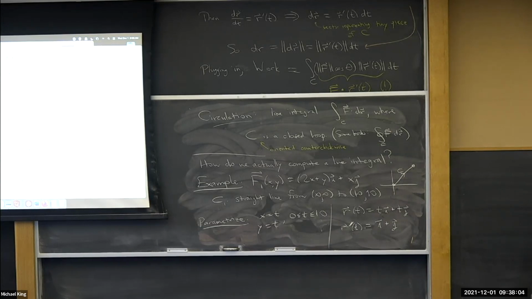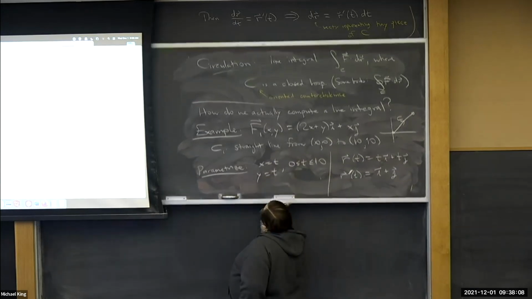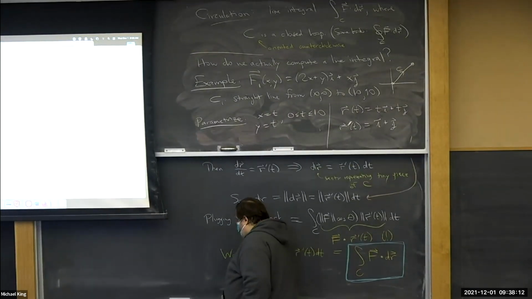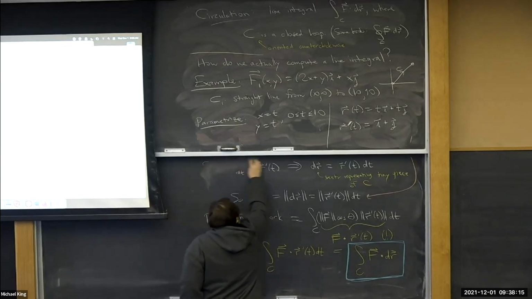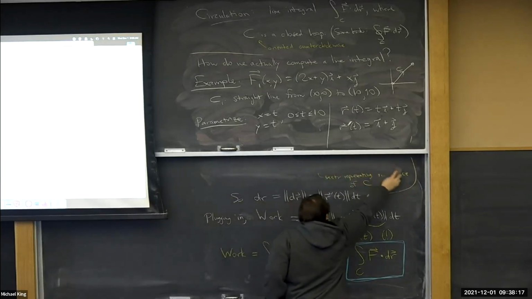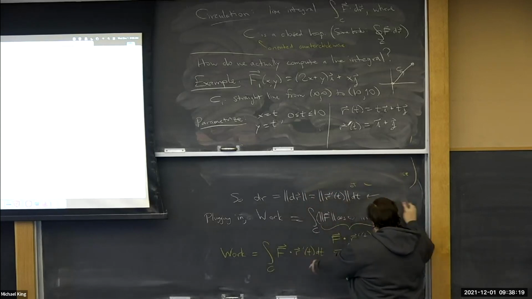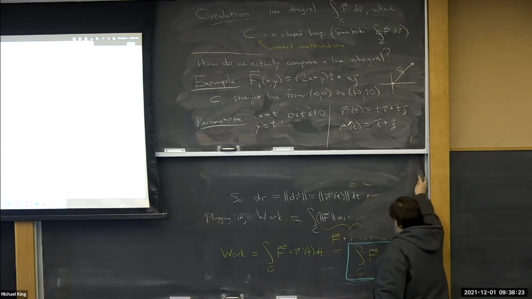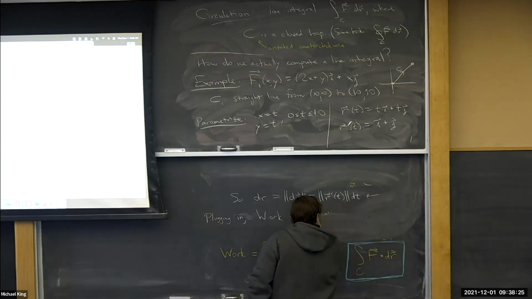Okay, so the integral has actually become not too bad to compute once you have the parameterization, because we're just going to plug everything in. We're going to plug in the parameterization. Let me stop the share. Let me leave these on the board just for a minute.